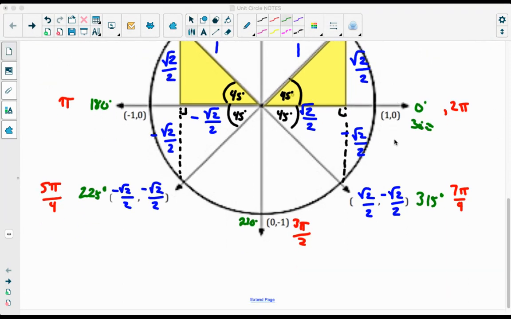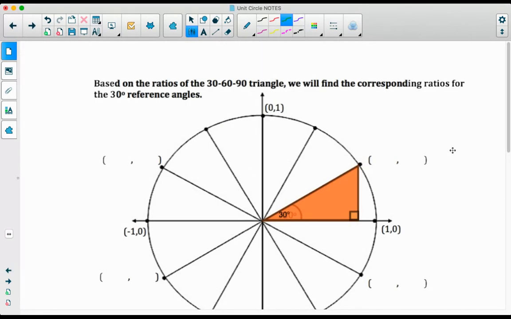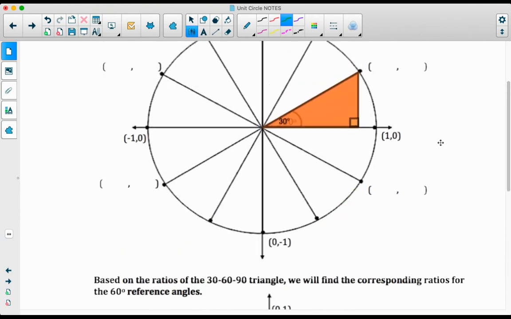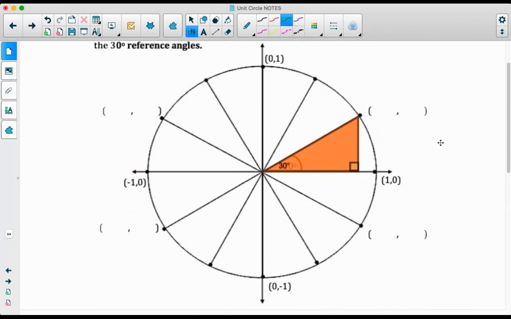Moving on to our second circle, we now have our 30, 60, 90 degree reference angles that we want to look at what those coordinates would actually be. Well, taking our values for the 30, 60, 90 triangle we had in the beginning, with a hypotenuse of 1 because it is on the unit circle, this vertical piece is now a half, and then the horizontal piece is radical 3 over 2.